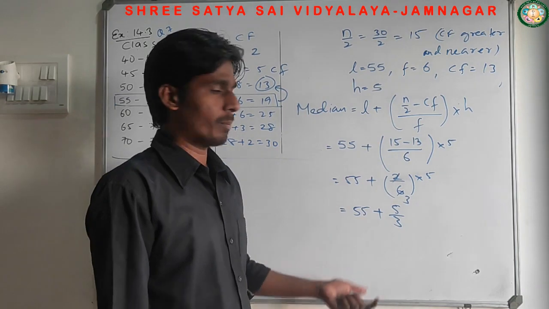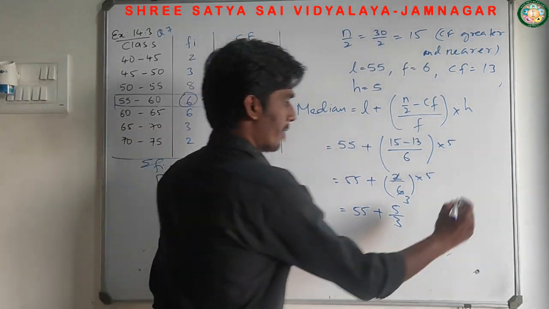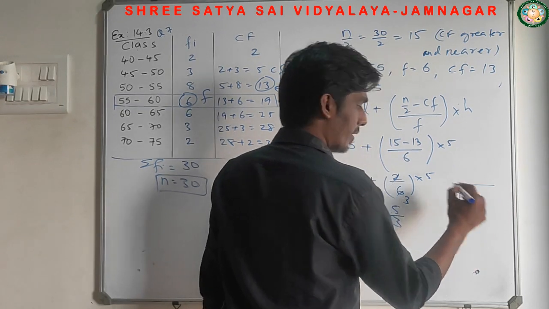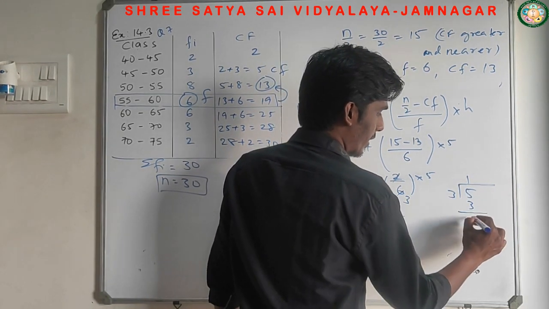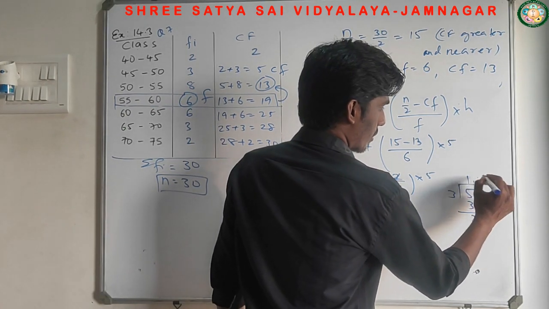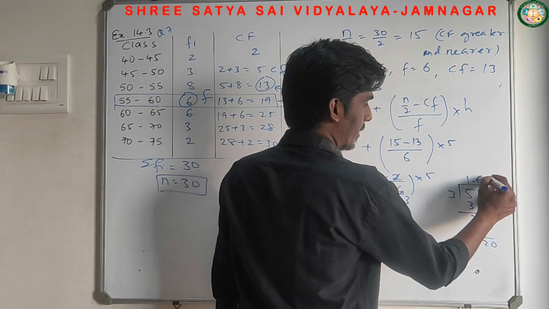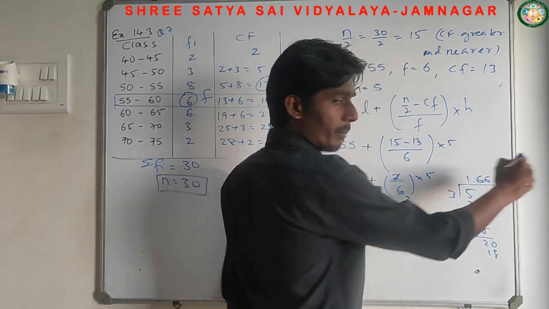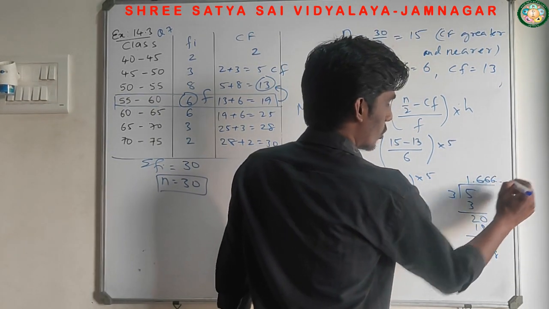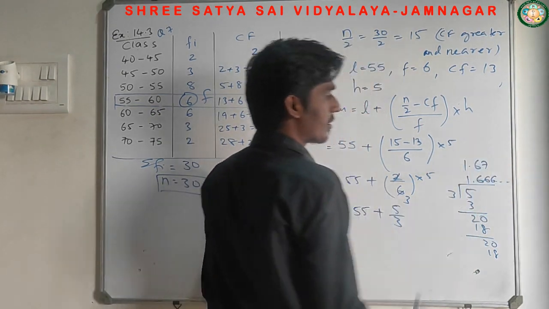Now the next two steps are very important: one of division and another of addition. So 5 divided by 3. 3 ones are 3, remainder 2. Then 20, 6 threes are 18, remainder 2, and it will keep on coming 6, 6, 6. So you take this number as 1.67.